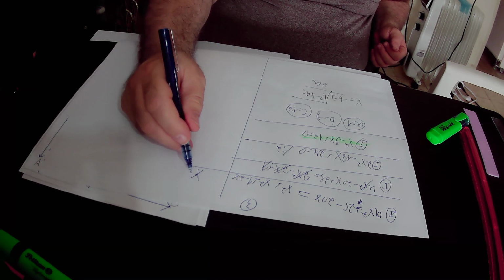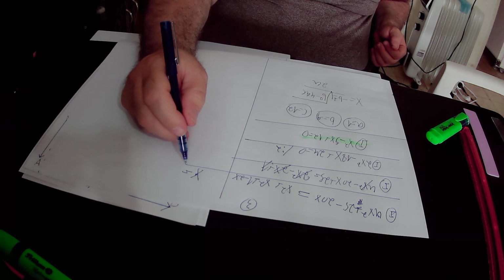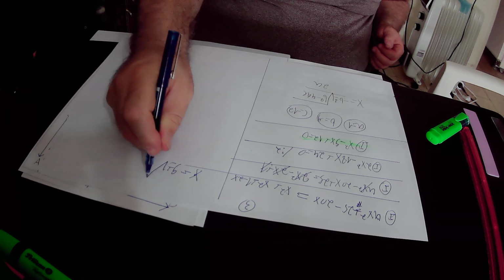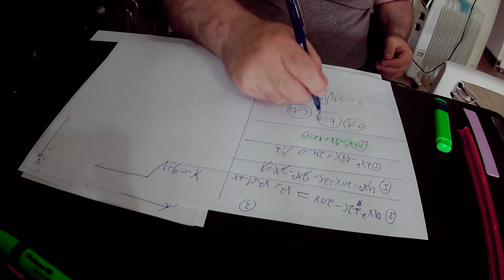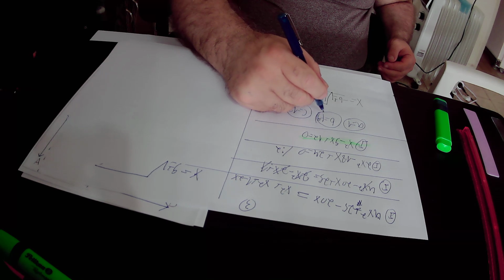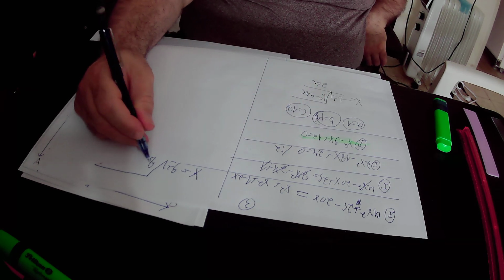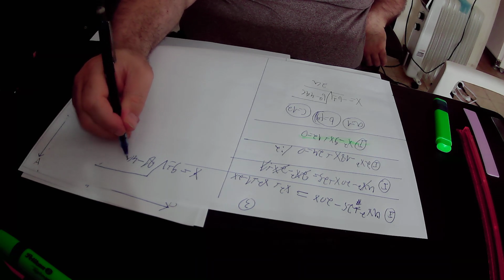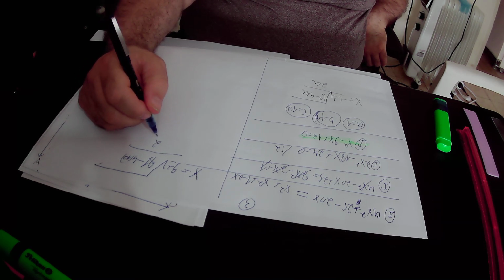So x equals minus b, b equals minus 9, so minus b is plus 9, plus minus square root of b squared, which is minus 9 squared, that is 81, minus 4 times a is 1, times c is 12, over 2a. A is 1, so 2 times 1 is 2.